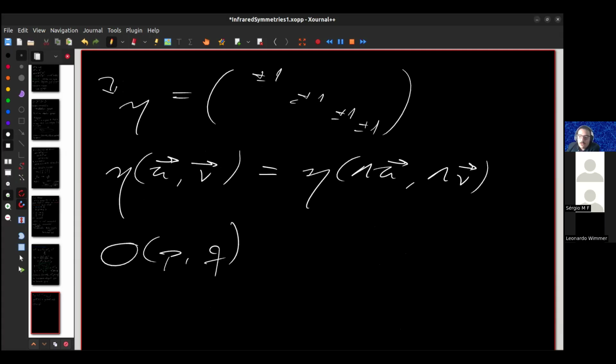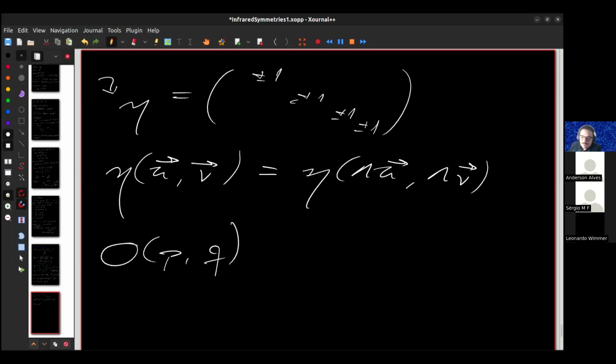So p and q are the numbers of positive and negative signs along the diagonal. We're excluding the case where we have zeros, but that's unphysical since we don't deal with vectors that are orthogonal to themselves, right? In fact, in this very same course, we are going to deal with spaces in which you have zeros in the diagonal.